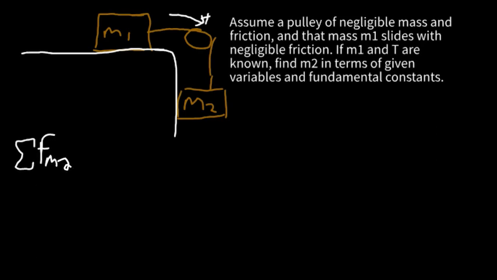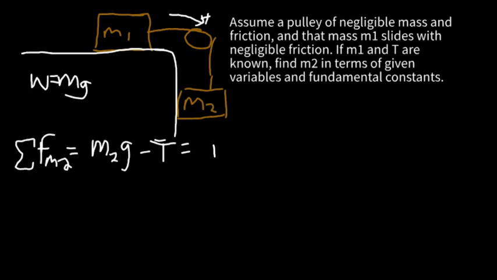So we have a weight force that pulls down on m2 in the positive direction, and that is equal to m2g, because weight equals mg, mass times the gravitational field strength. And then we also have a force of tension that pulls upwards, slowing down its acceleration, and we said that equal to ma or m2a.